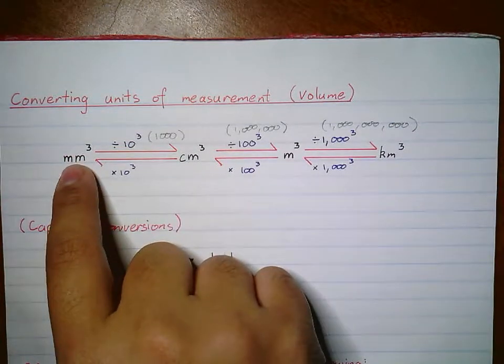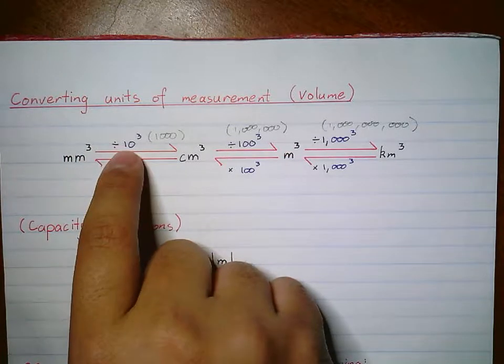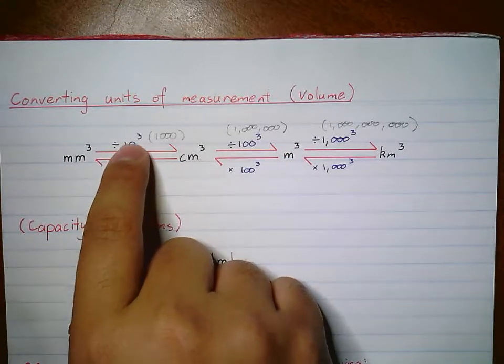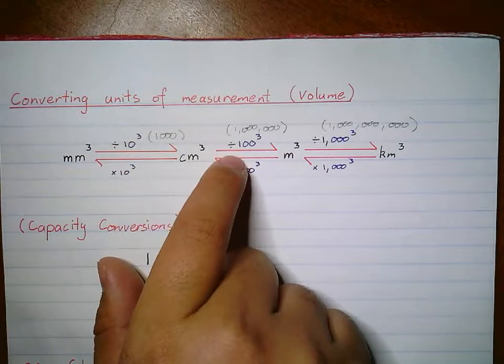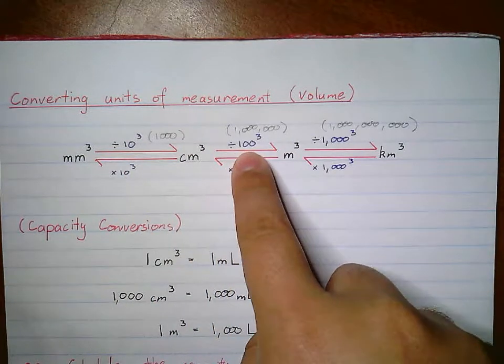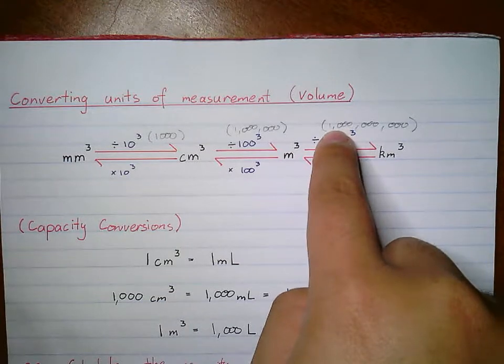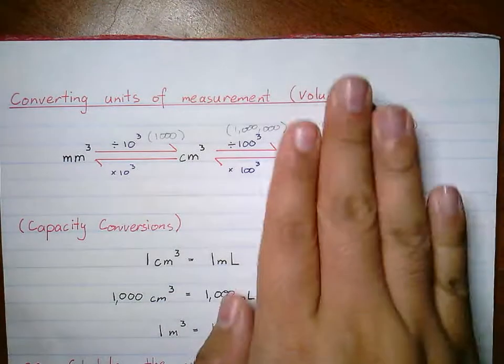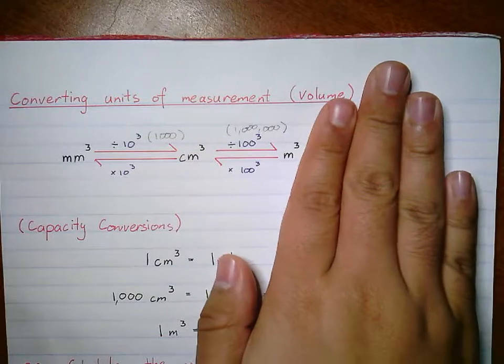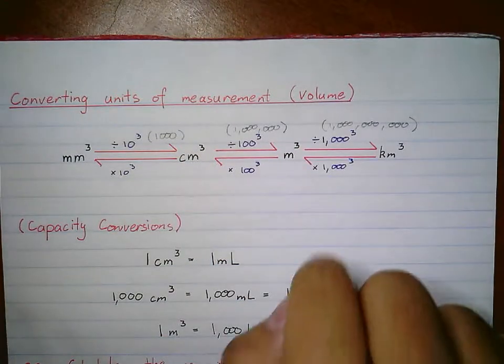But since now that everything is cubed, so are the numbers. So 10 cubed is 1,000, 100 cubed is 1 million, and 1,000 cubed is 1 billion, but we actually don't really need this one. I'll leave it there just for comparison.